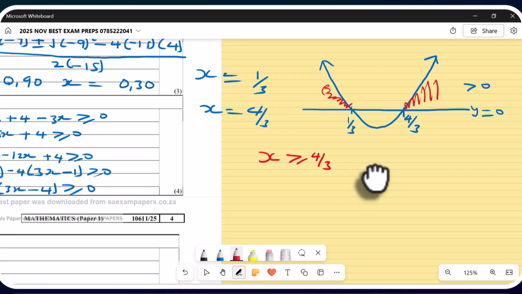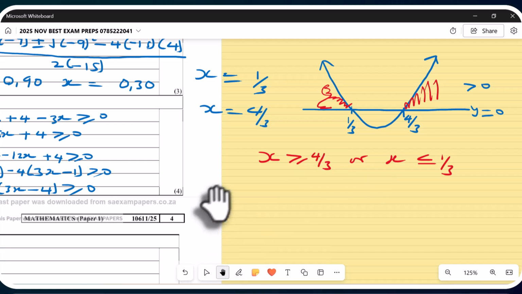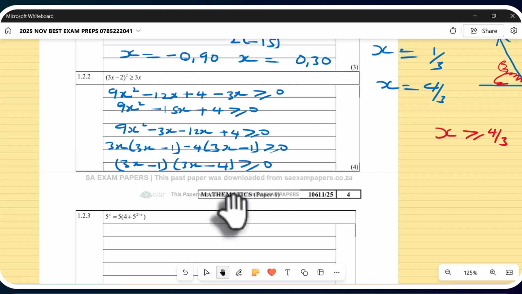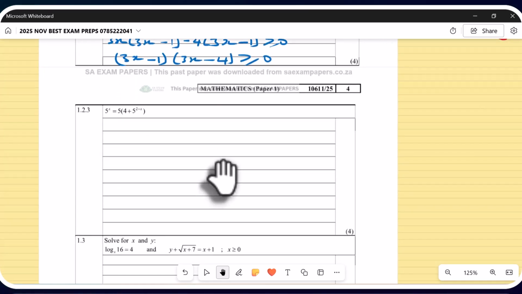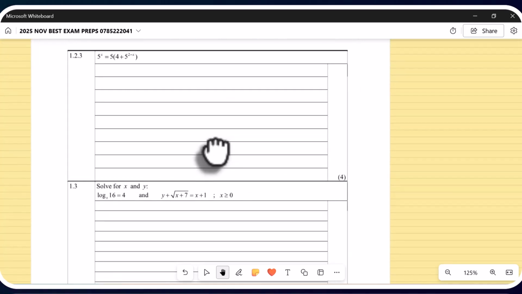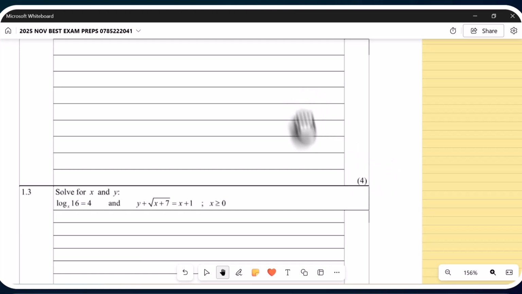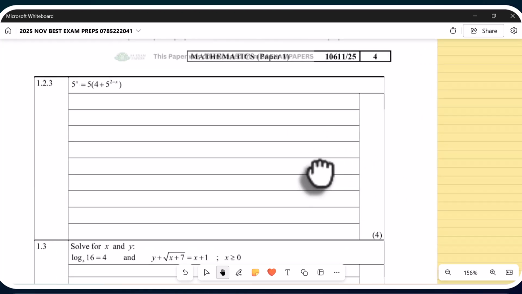Now I can say this is 5 to the power 3, because 1 plus 2 is 3, then minus x. But because of the minus x, let me leave it like this to avoid confusion. So in here, as you can see, I can put it in the denominator. I can say 5 to the power x, make it a positive power, to make things look simpler.